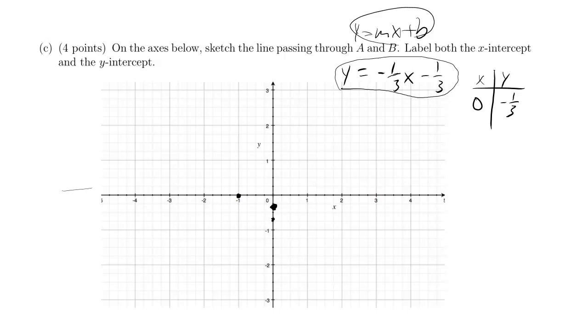So this is -1/3. So 0, -1/3 is this point here. The y-intercept is 0, -1/3. The x-intercept is -1, 0. And since it's a straight line, we can just draw a straight line going through it. And that's the answer. And that's faster.